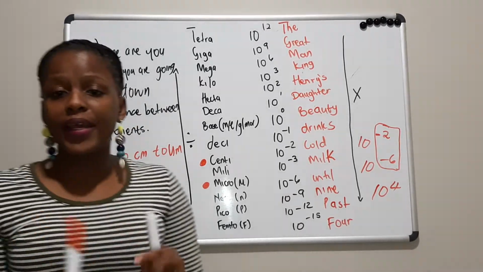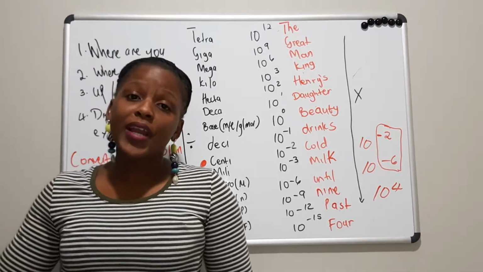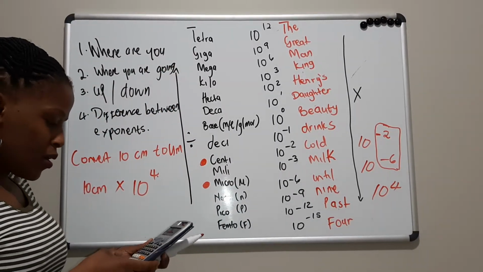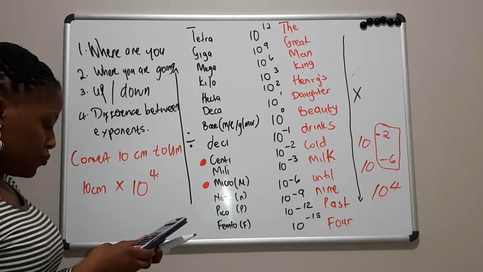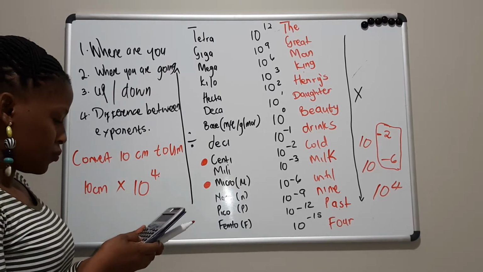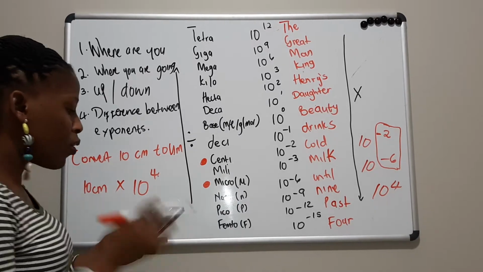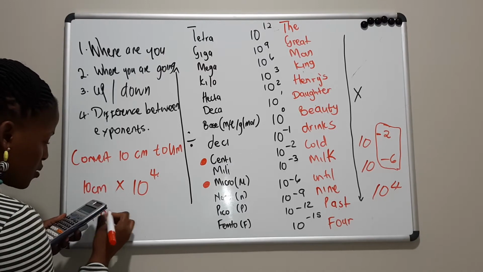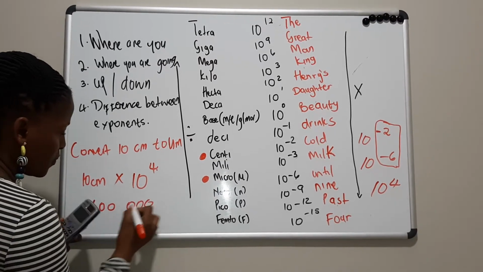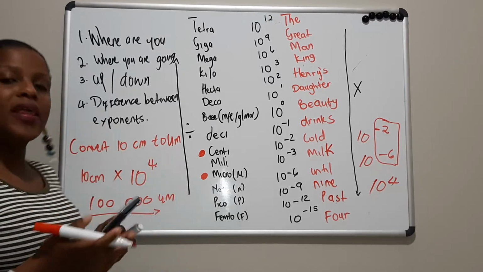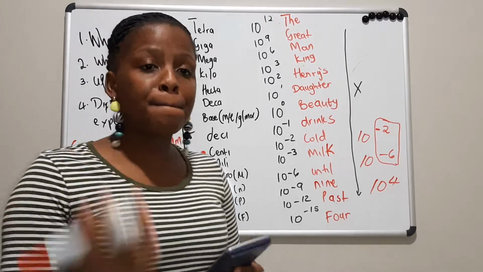Then once you've got that, you just get your calculator and calculate it as it is. Okay, the answer is 100 micrometers.